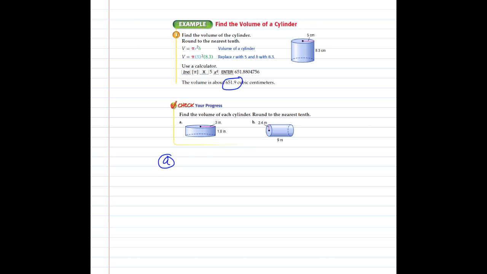Example A. Volume equals pi r squared times the height. Pi r squared again is big B if I want it to be.